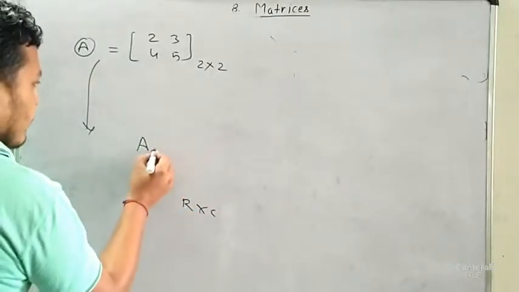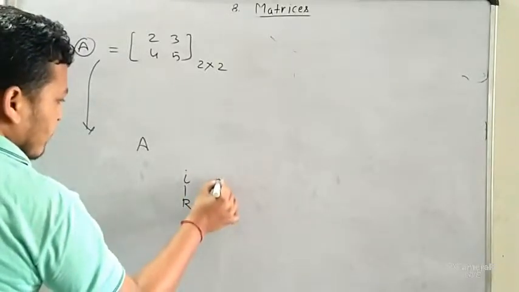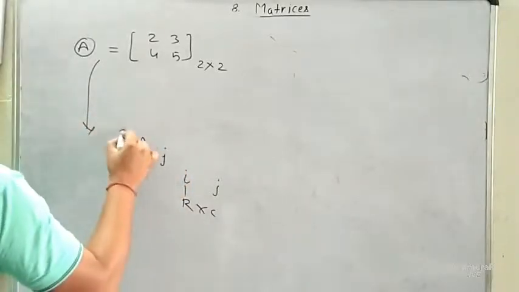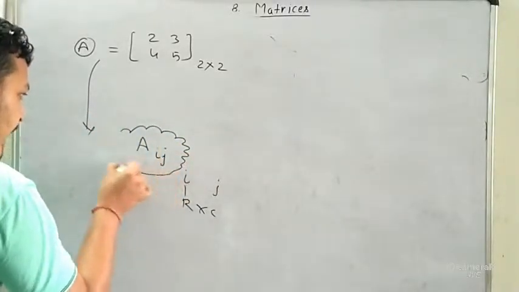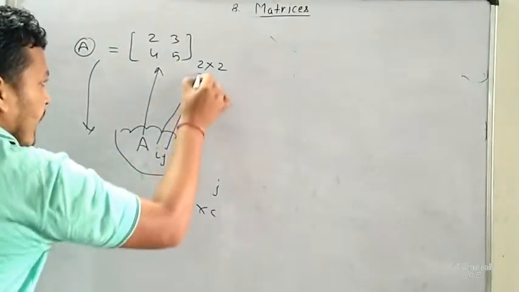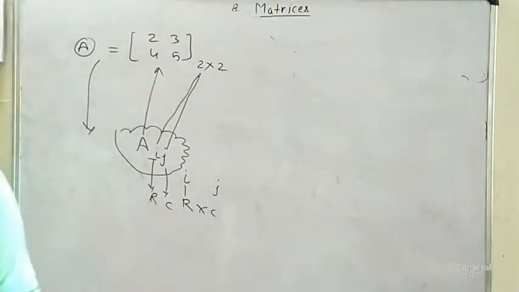We can represent it with I, row is represented by I and sometimes by J. So A into IJ. What is the meaning of A into IJ? A is any matrix, and I and J are the row and column. I denotes the row and J denotes the column.